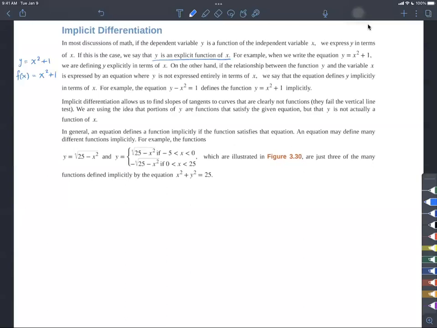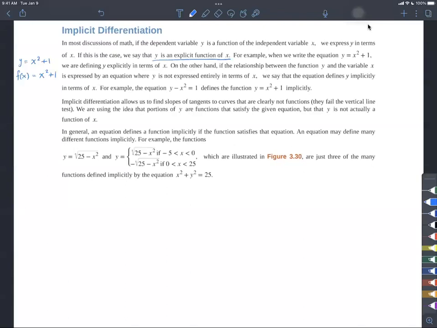On the other hand, if the relationship between the function y and the variable x is expressed by an equation where y is not expressed entirely in terms of x, we say that the equation defines y implicitly in terms of x. For example, the equation y minus x squared equals 1 defines the function y equals x squared plus 1 implicitly.